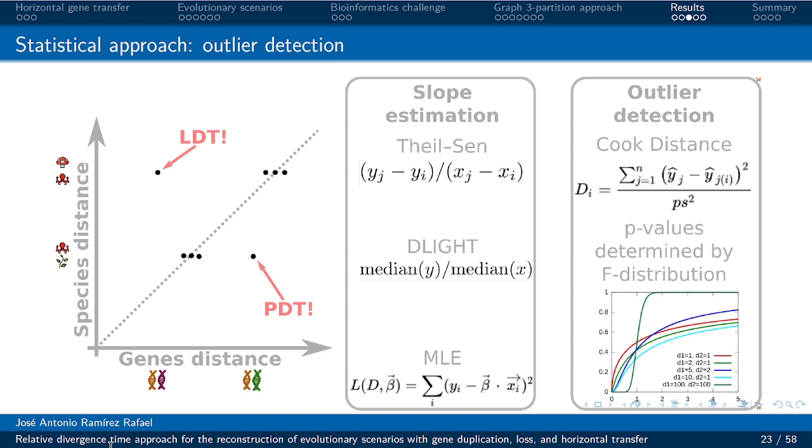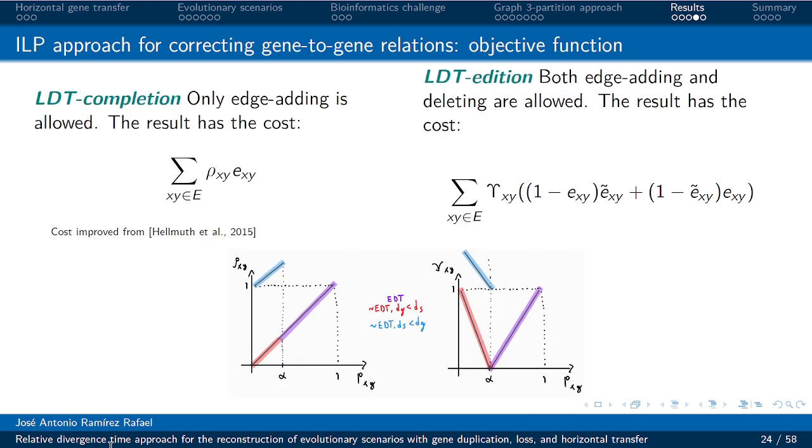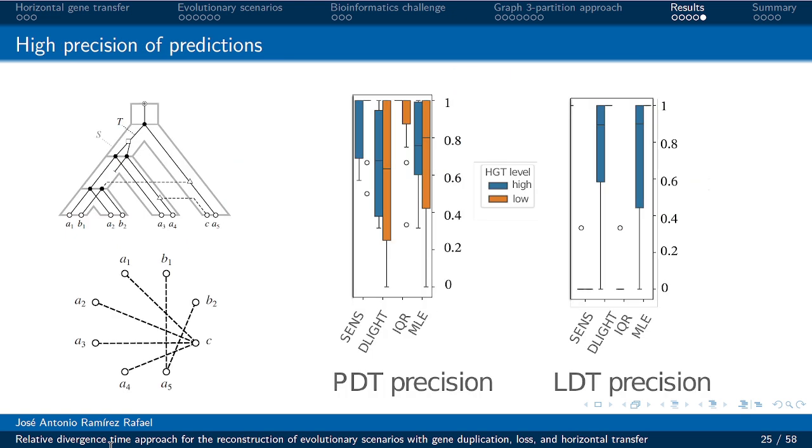So we apply 3 different methodologies for this, and also we apply the Cook distance for the outlier detection. Also, I told you that we correct the graphs using an integer linear program approach. Basically, we define a system of equations and then we have to minimize some numbers in order to have an optimal solution.